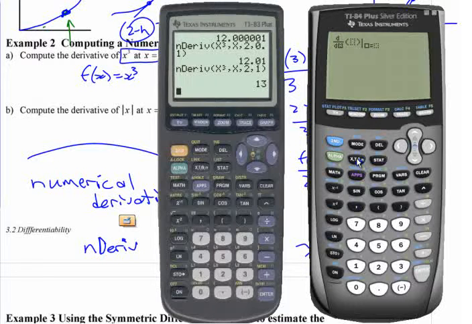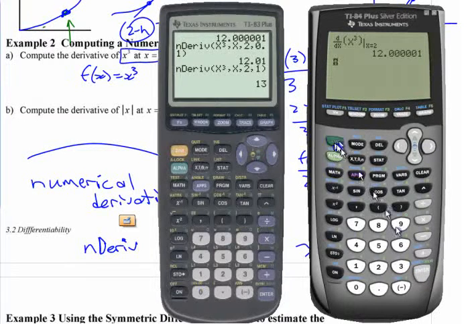You'd say the derivative with respect to x of x cubed, evaluated at 2. I don't know if you could put a comma and 0.0001 or whatever. Maybe you can. That's the way you'd write it. You wouldn't write n-deriv because that's just calculator syntax. Even if you're using the calculator, it's still better to use the actual notation. It gives you the same thing.